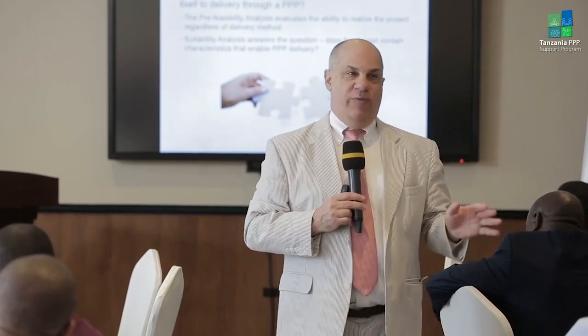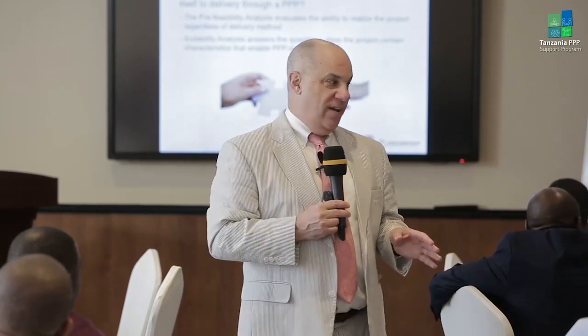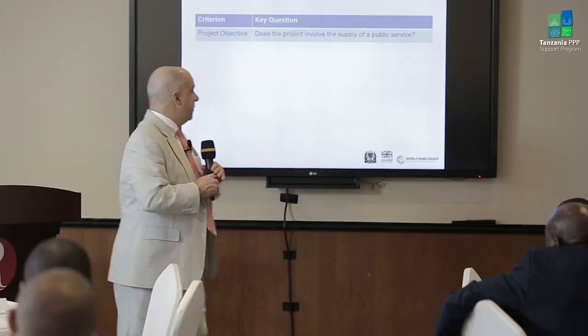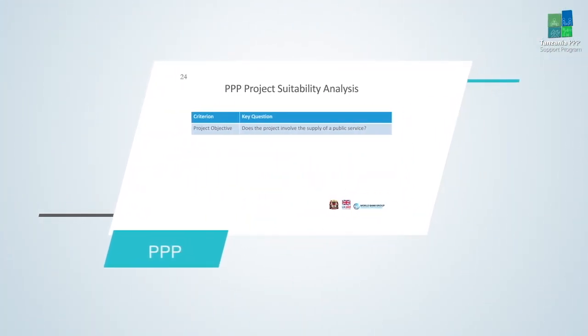If it's never been done before, it's going to be kind of tough. It doesn't mean it's impossible, but I'm not sure you want to be the pioneer. It's going to be a difficult road to travel. Again, in our suitability analysis, we start with public service. Is it going to serve the public interest? So our objective, risk, right?